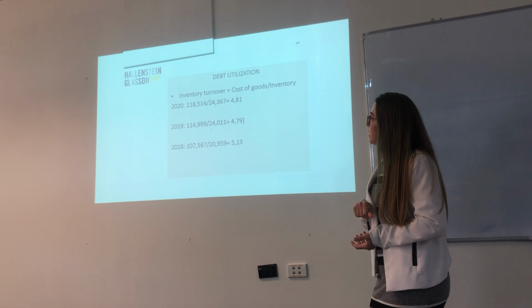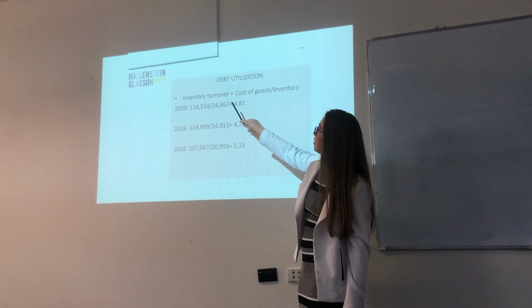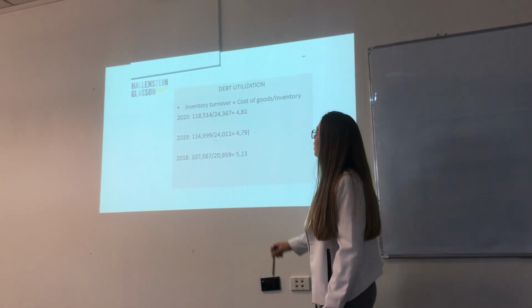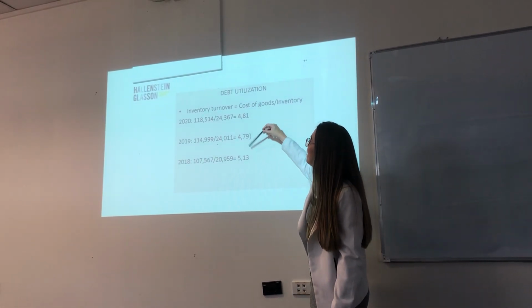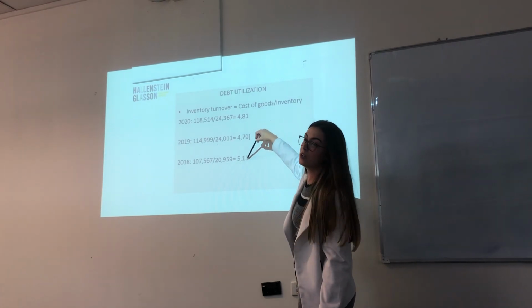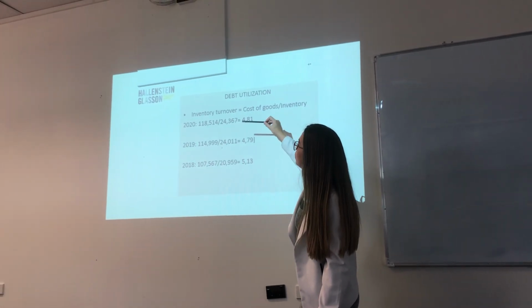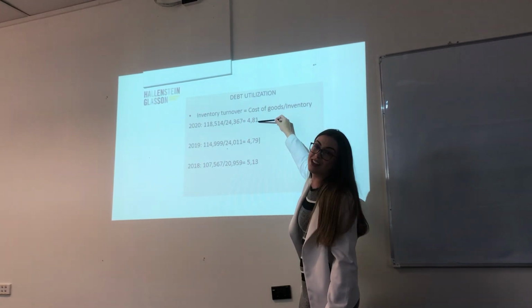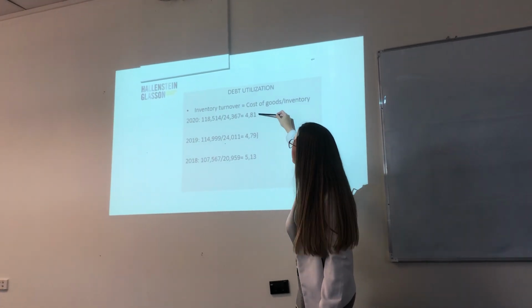And the inventory turnover is the cost of goods divided by inventory. So it went up a little bit compared to 2018, but from 2019 to 2020 it didn't change that much, just a little bit.